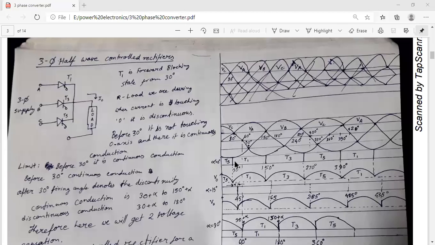So T1 is on from 30 degree to 150 degree, and then again VB. VB means it is connected with T3. So T3 is on from 150 degree to again 150 plus 120, that means 270 degree. Up to 270 degree, this T3 is on. So this way the conduction diagram is drawn.